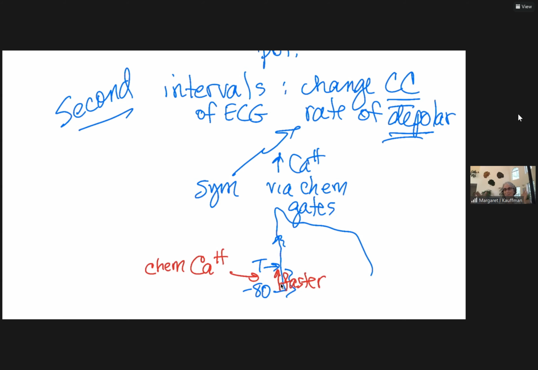So you can't be analyzing heart rate with intervals. You can only be analyzing what's happening to the cardiac contractile fibers electrically. Okay, so I spent a little bit of time on that because it was a fairly common mistake in the handout.